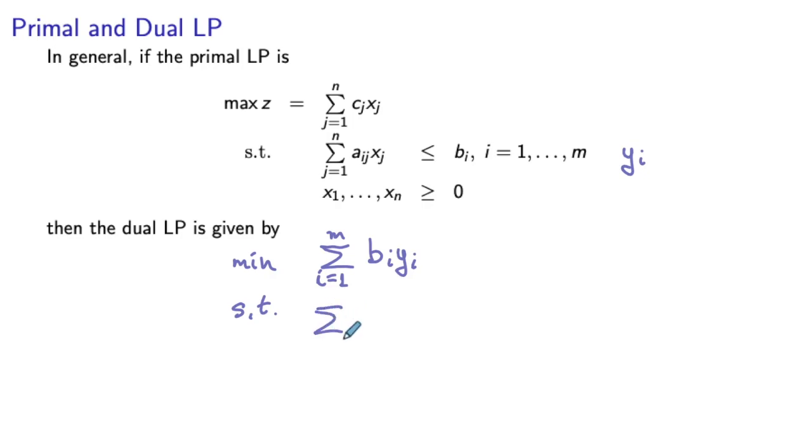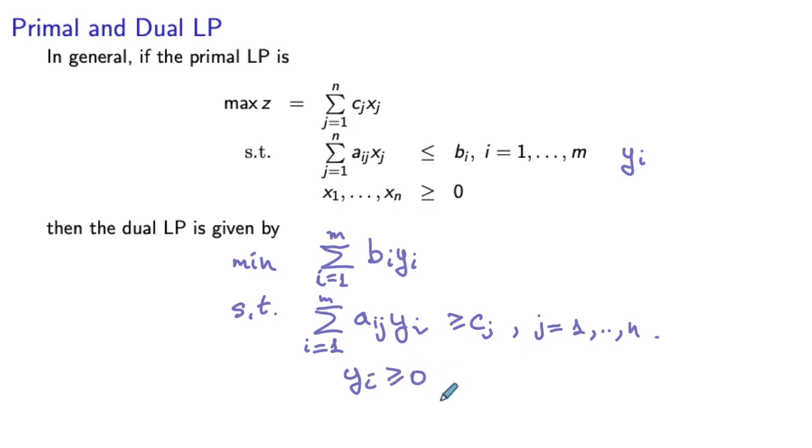So the summation for i between 1 and m of aij yi must be greater than or equal to cj, and this is for j between 1 and n. And finally, we have the non-negativity: yi is greater than or equal to 0 for all i between 1 and m.